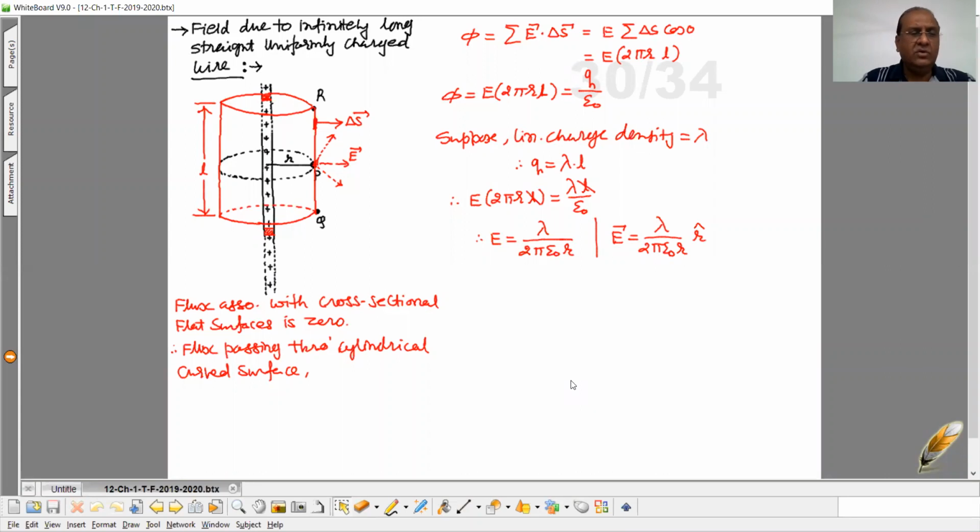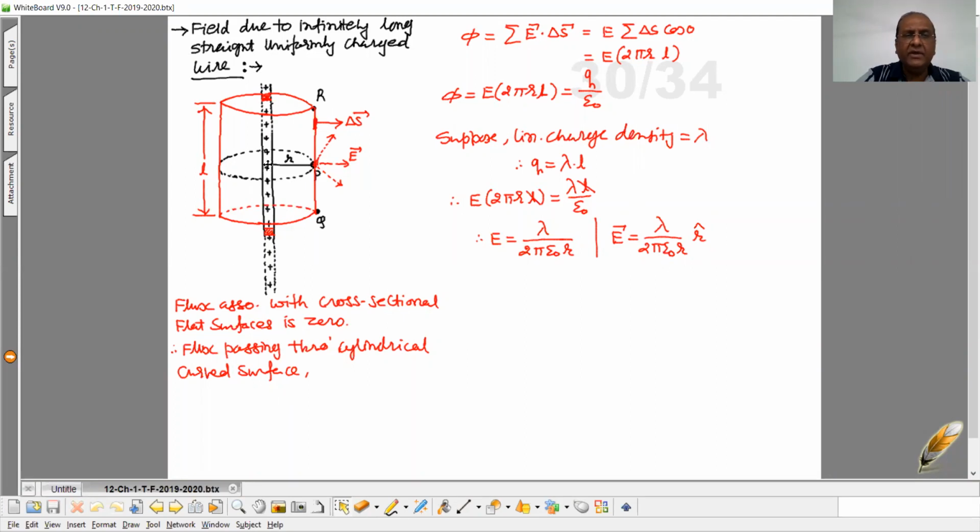Now, applications of Gauss's law. First, let's calculate the field due to an infinitely long, straight, uniformly charged wire. Now see here, consider any point P which is situated at perpendicular distance R from the wire.